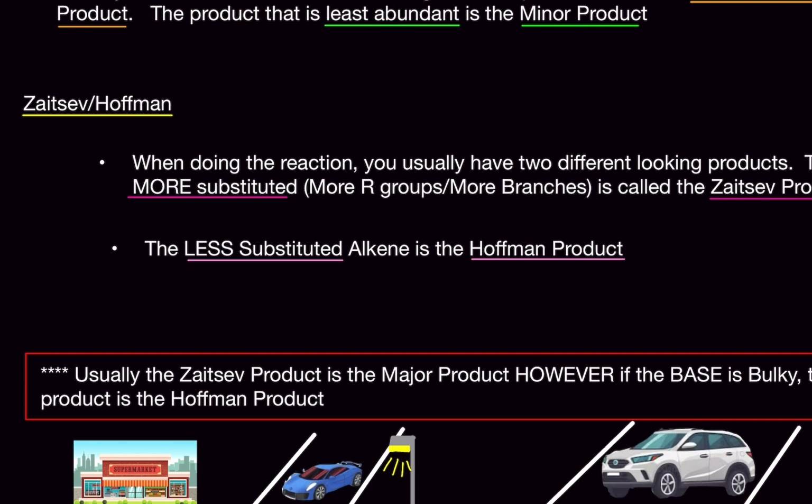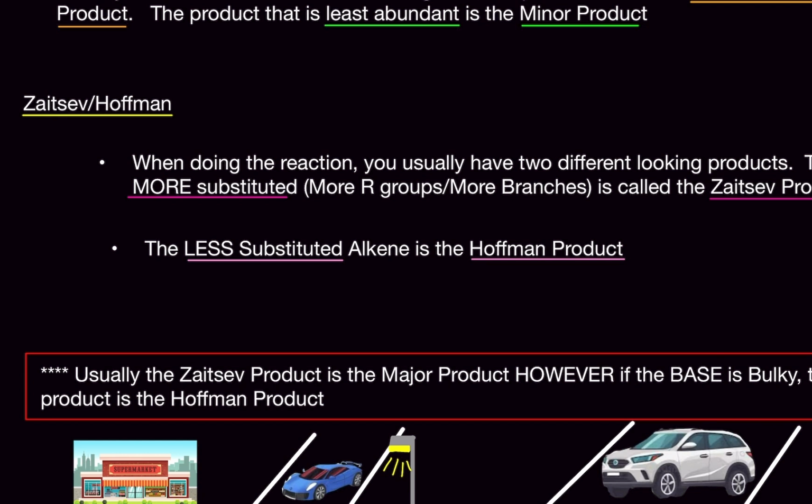But the parking spaces are very narrow, so you must have a narrow car to fit in, okay? But this is the ideal parking space. This is what you want. This is like the Zaitsev product, okay? It's very favorable, in other words. This is what we usually want in most circumstances. Zaitsev is very convenient, okay?